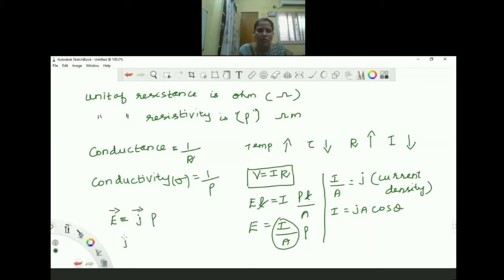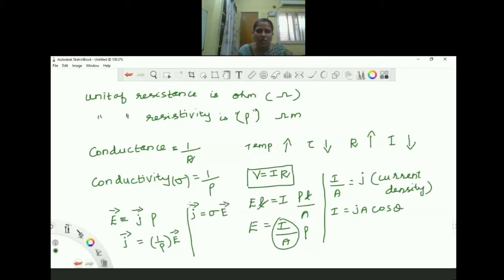I am going to bring this rho to this side, so J is equal to 1 by rho into E. What is this 1 by rho? That is the reciprocal of resistivity, which is conductivity. So Ohm's law can also be written as J is equal to sigma into E vector.